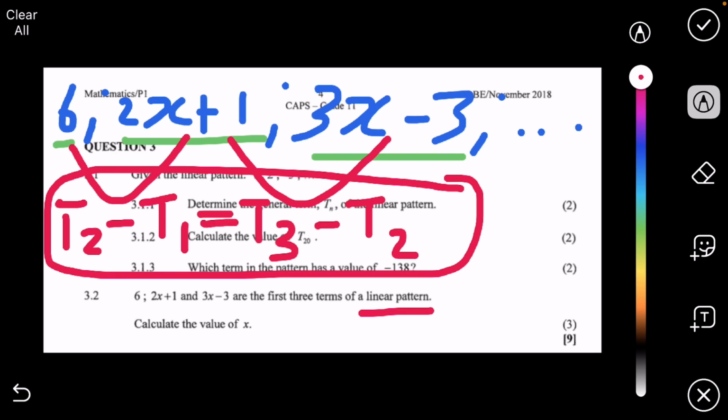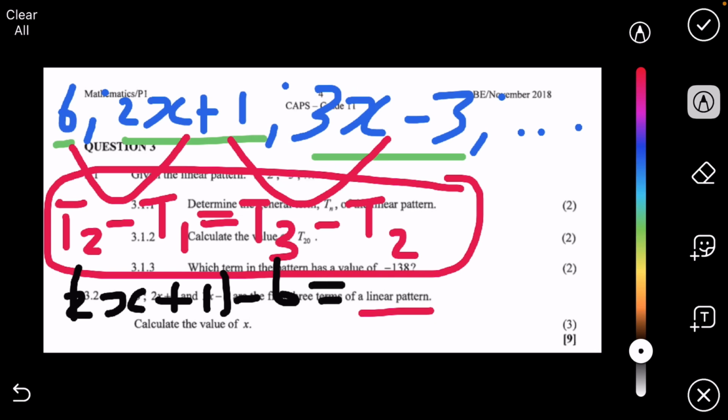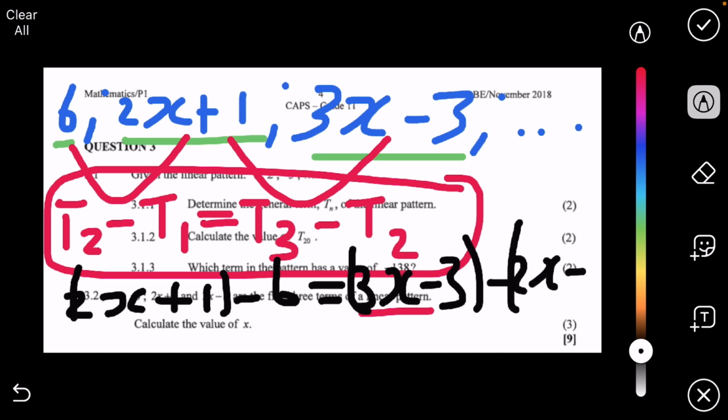It means you can just say 2x plus 1, the whole of that in brackets, minus 6. You can equate this to 3x minus 3, minus 2, remember in brackets, plus 1, close. So you can also put that in brackets.